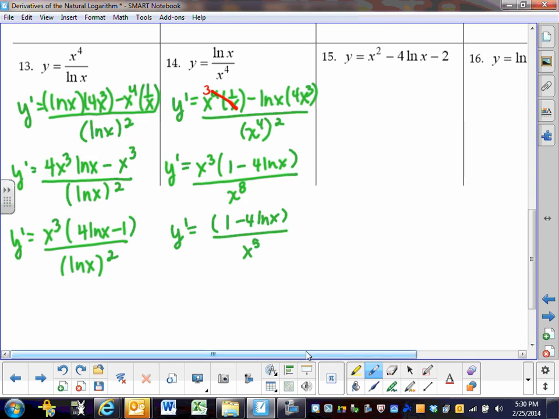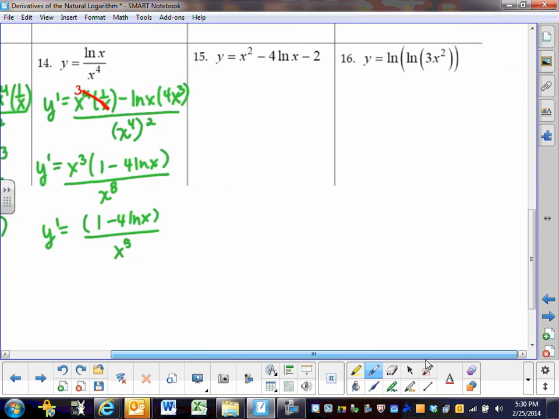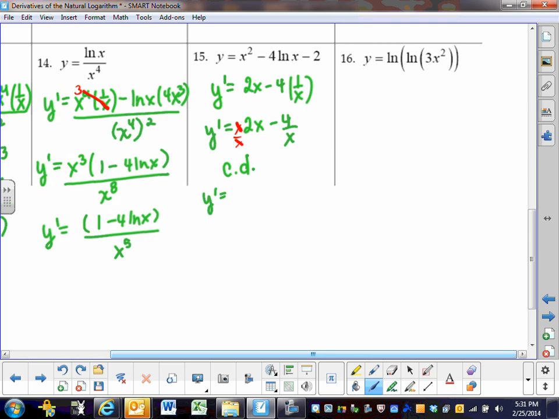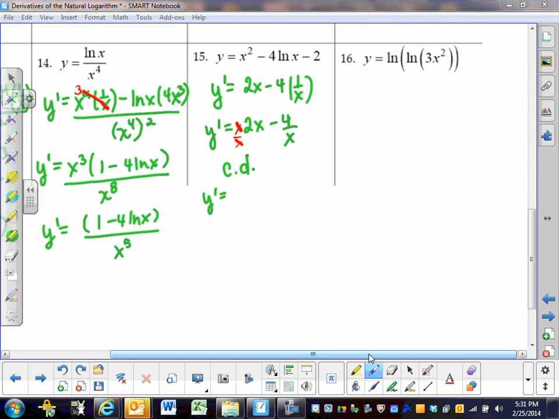Okay, for number 13, I have the quotient rule. So we have low d high minus high d low over the square of what's below. So our derivative is going to be 4x cubed natural log of x minus x cubed all over natural log of x squared.